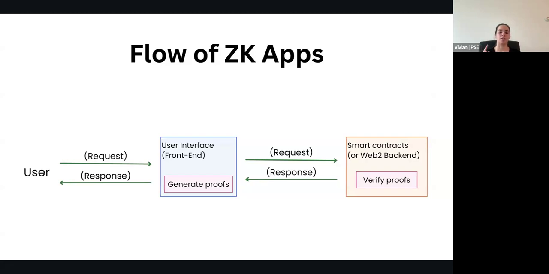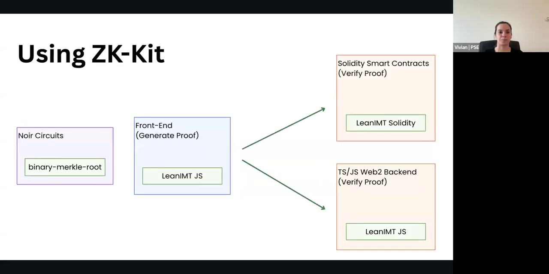So it should be in the browser or the phone, and the proof should be verified in the backend, in smart contracts or a web2 backend, so that we can know whether it's correct or not. That's important to know: the proof generation is always off-chain, in the browser or the user interface, and the proof verification is always in the backend.